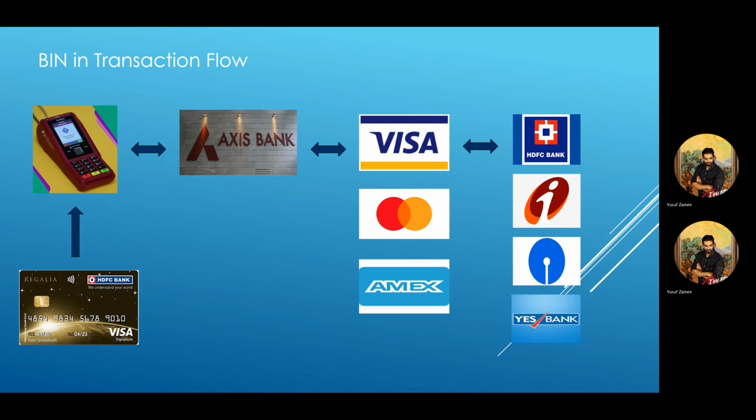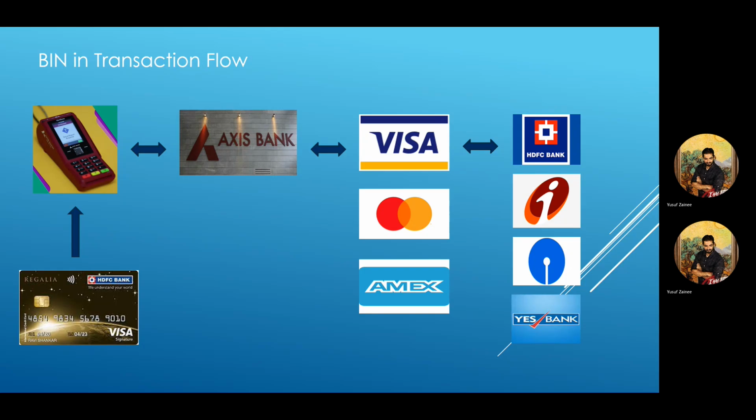And this HDFC bin range, which is 485498, doesn't fall under their list of bin ranges. So it gets to know that it is a different card and from a different network. So Axis Bank cannot speak to HDFC, which I explained earlier in the first session.